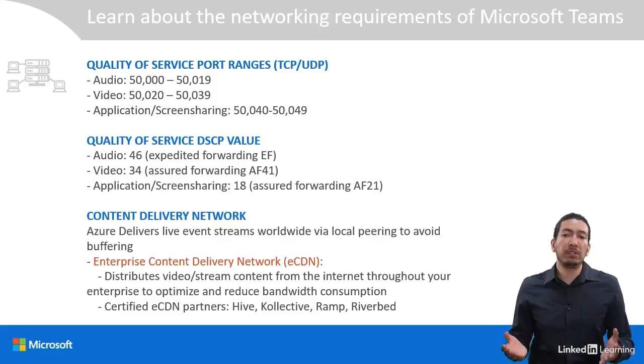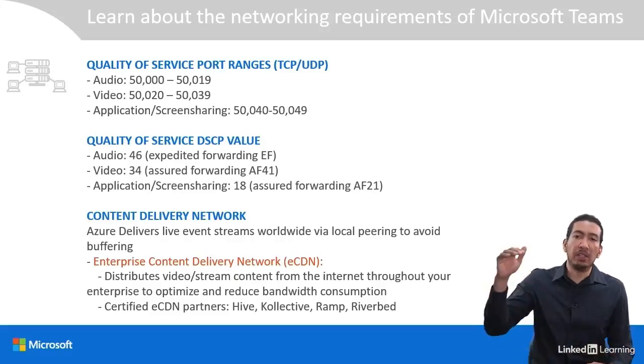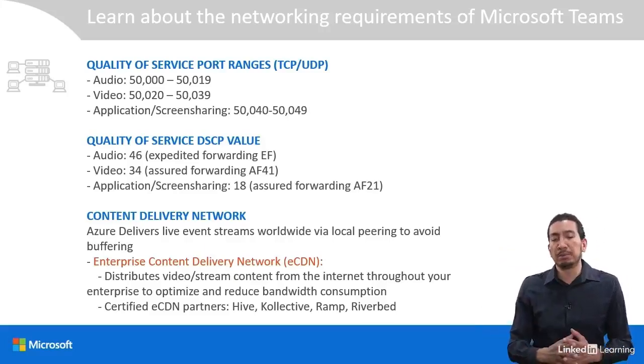In order to specify what priority is given to each port range, you assign a value known as a DSCP value. The higher the number, the higher the priority that is given to the ports.